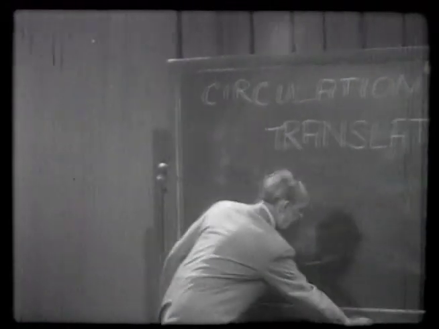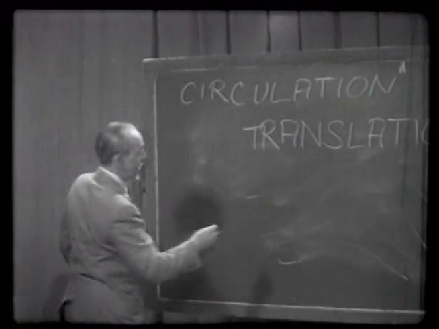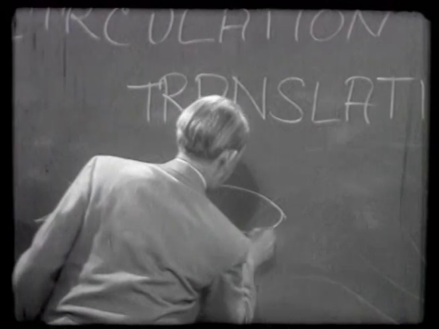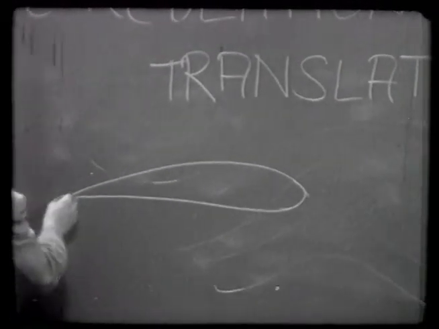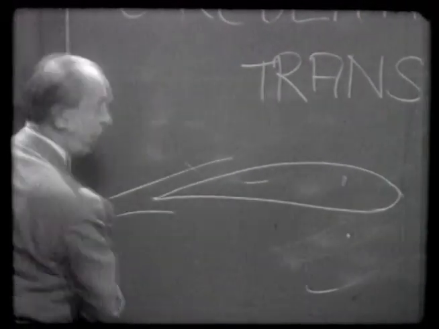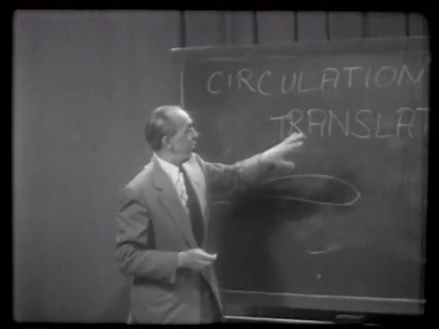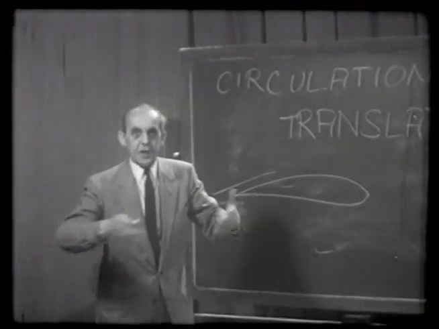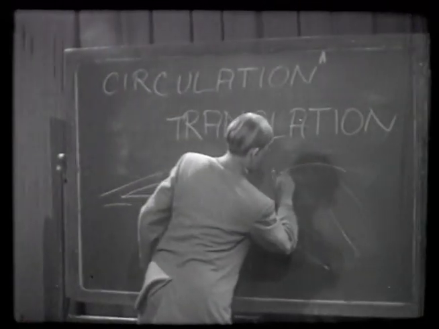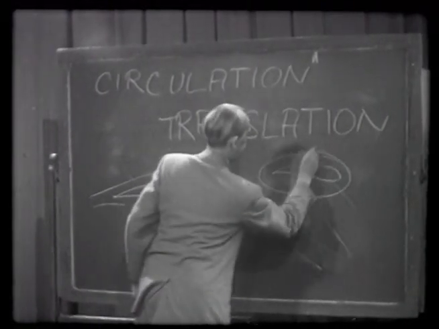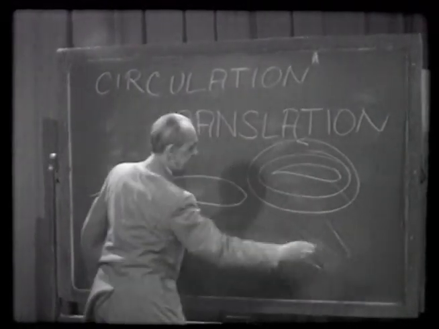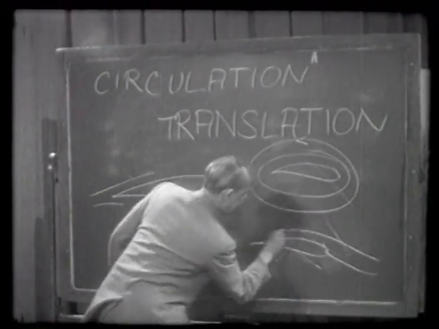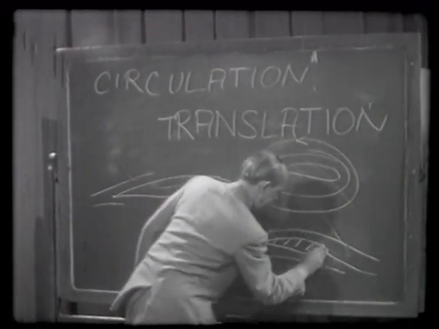The wing has a very special shape because it's round in front and sharp at the rear. This wing, due to this sharp corner, develops a flow which you can take apart, as we did on the cylinder, into a circulating flow around the wing and a translation, which gives you then finally the flow picture which shows you the lift of the wing.